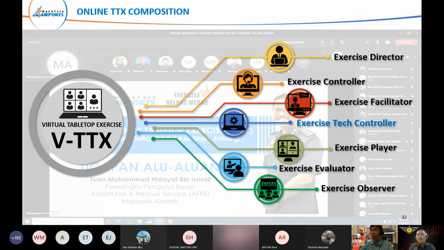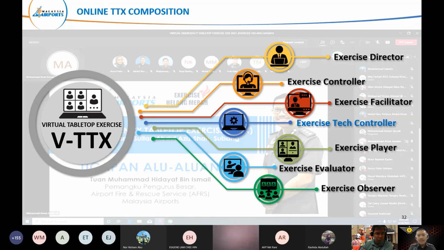Like I mentioned before, you can do it internally, and you can also do it with external agencies. But I would suggest doing it with external agencies, because the aerodrome emergency plan is about gathering the airport community in managing emergencies. So I would suggest conducting the tabletop exercise with external agencies.